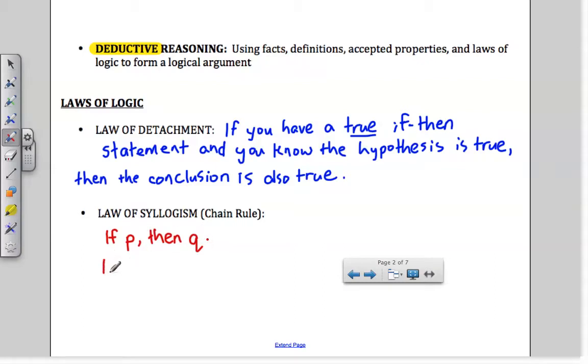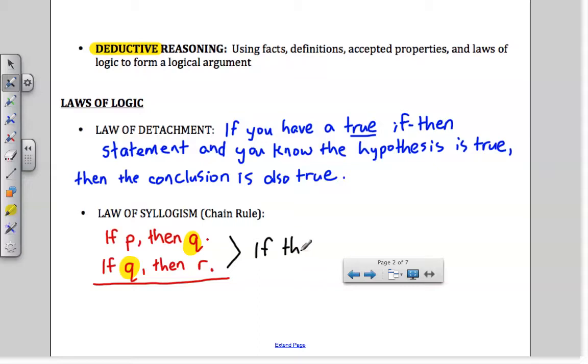And then you're going to have another statement, except whatever the conclusion was of the first one, which I called Q there, is going to be repeated as the hypothesis of the next if-then statement, and then there's a conclusion to that one. So we really need to notice that this statement was the conclusion of the first statement and then the hypothesis of the second statement.